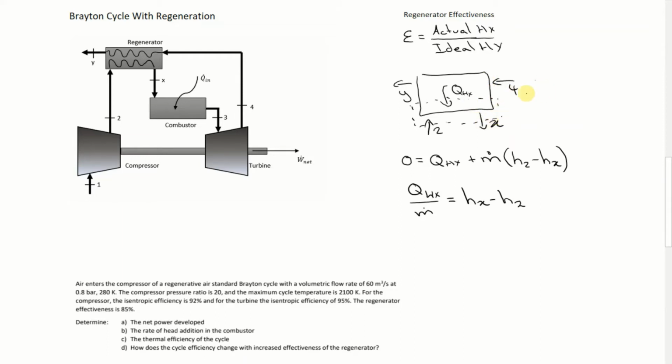And so for that to be true, it means that the energy associated with X, which we'll call hX, would actually become equal to the energy associated with 4.